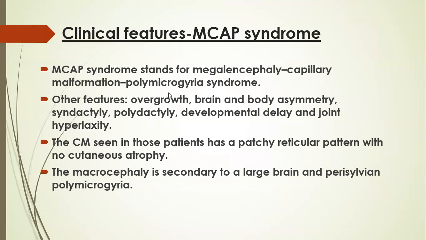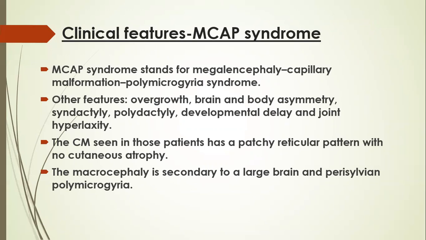Then clinical features of MCAP syndrome. MCAP syndrome stands for megalencephaly, capillary malformation, and polymicrogyria. This polymicrogyria is an abnormality which is seen in the syndrome, which is characterized by less deep gyri and having many neurological deficits.